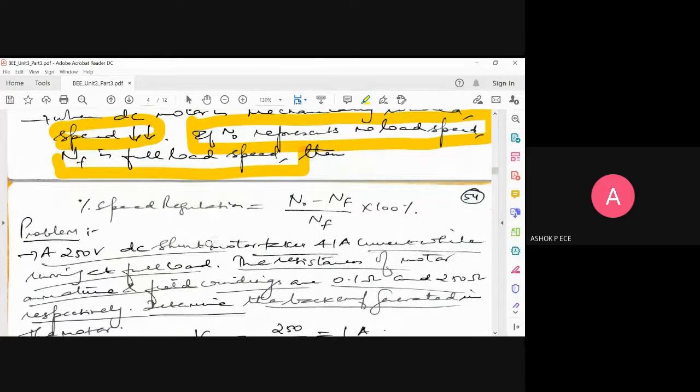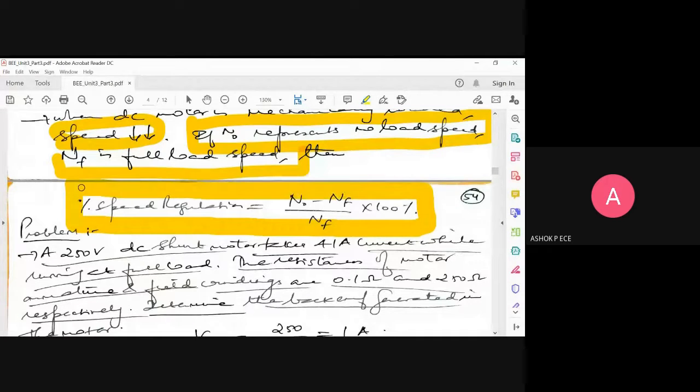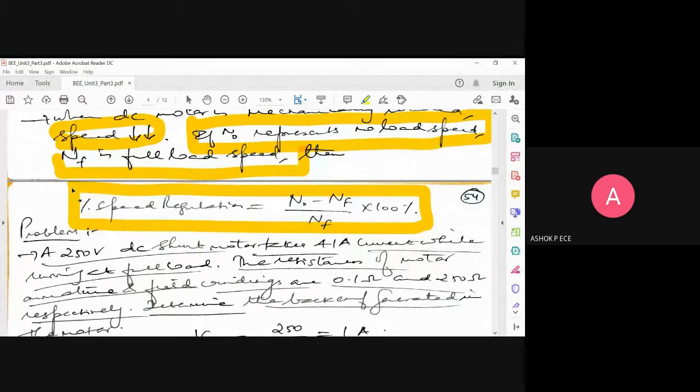We will have what is called speed regulation. Speed regulation is the variation of speed of a DC motor when I move from no load to full load condition. At no load, I will have maximum speed. At full load, I will have a little bit lesser than the no load speed. So N0 minus NF by NF will be the percentage speed regulation of a DC motor.